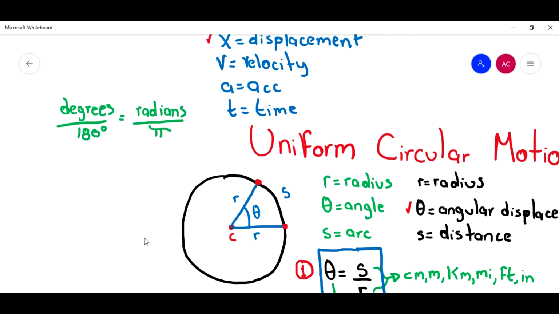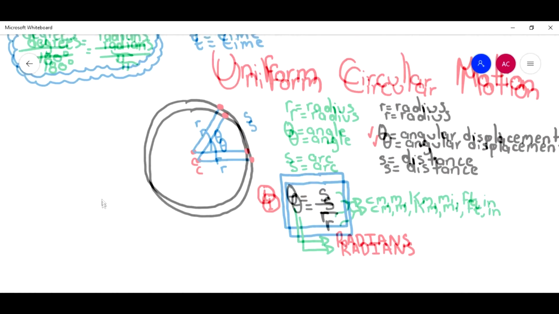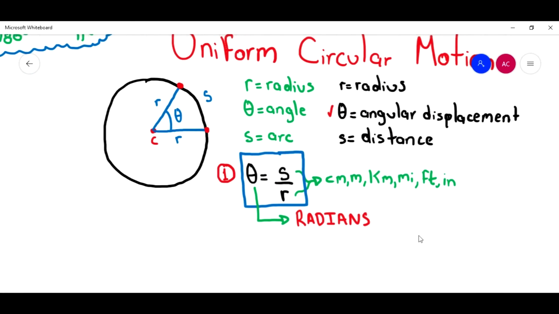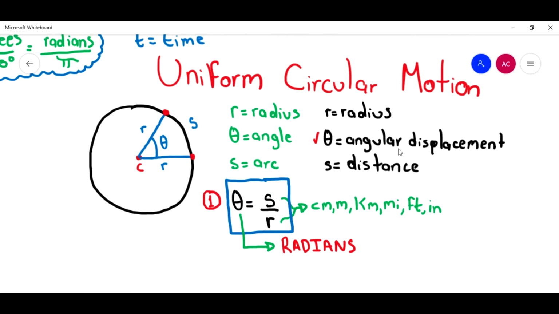This is a formula that we're going to use in a moment. I'm not going to say that this is the second equation because this is a math formula. Well, now I have the radians and the angular displacement.